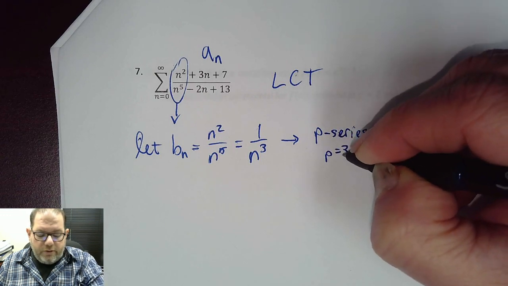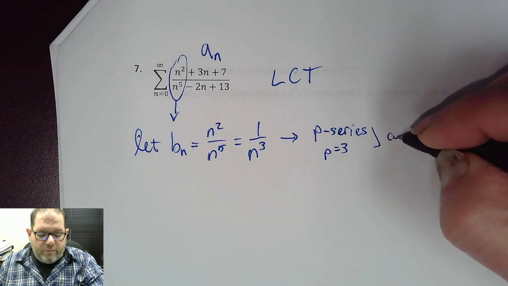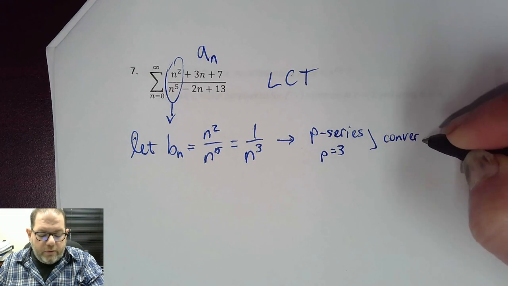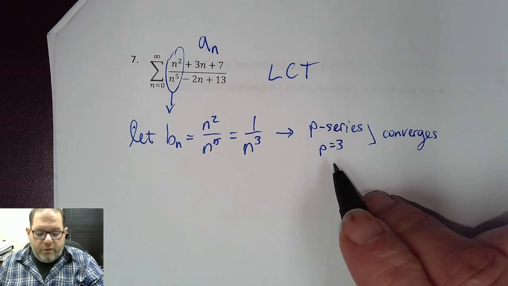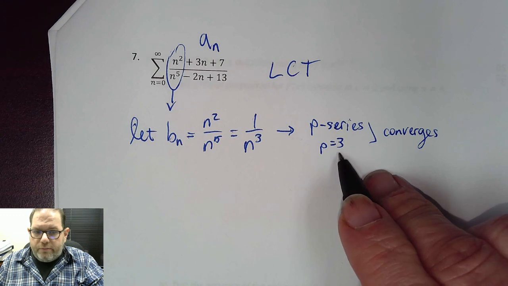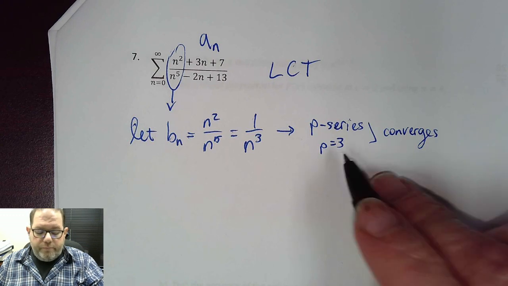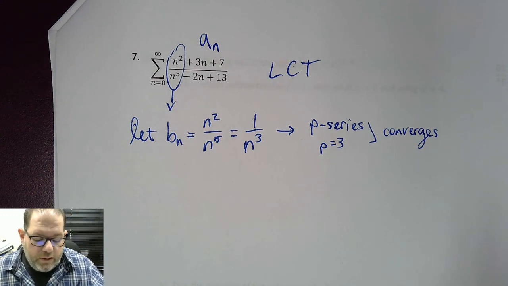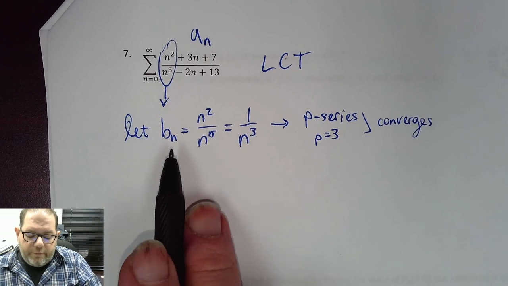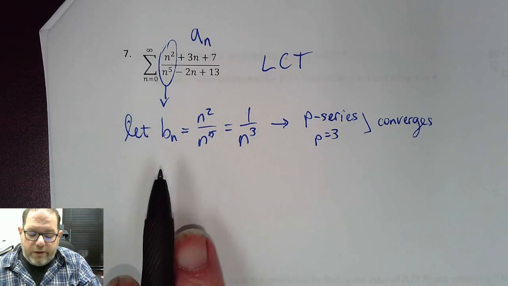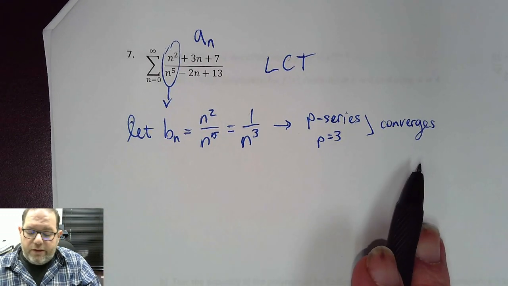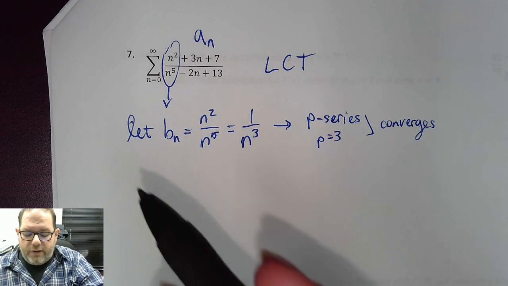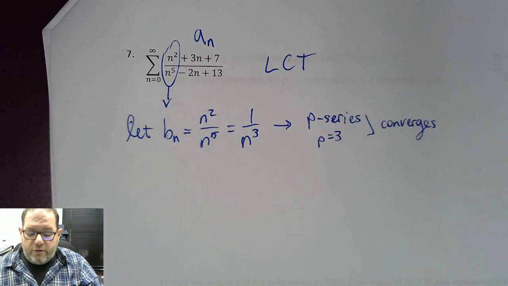P is equal to 3, which means it converges, because our p-value is greater than 1. So by comparing our series to a convergent series, the suspicion then is that this series itself also converges.